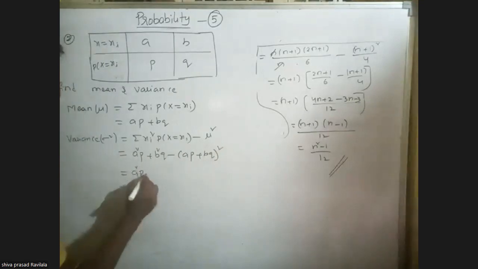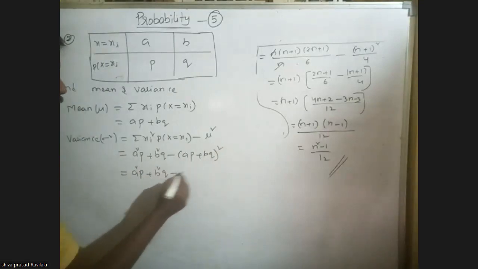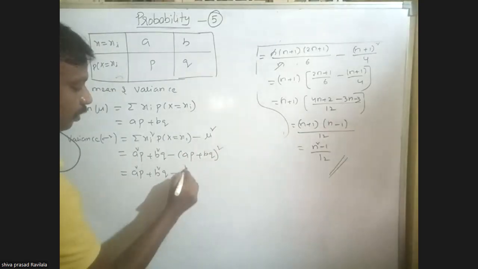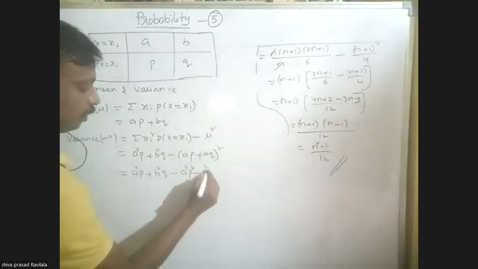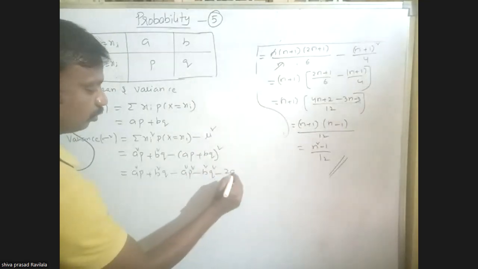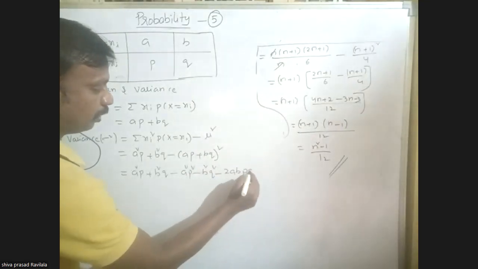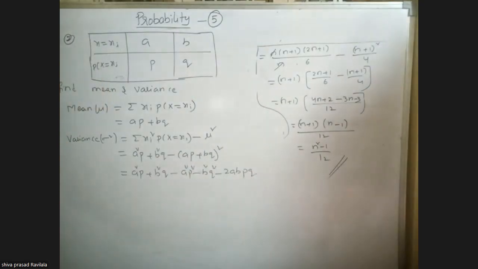That is a square p plus b square q minus a square p square minus b square q square minus 2abpq.